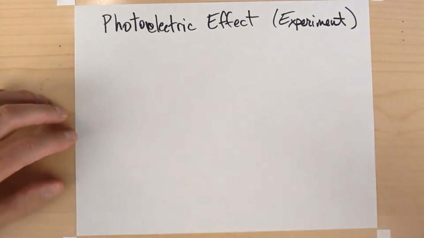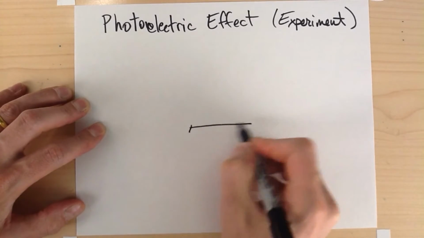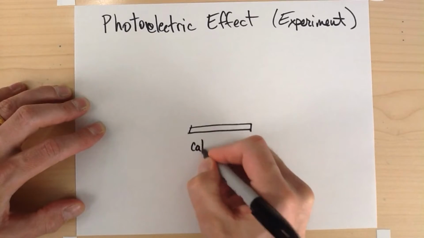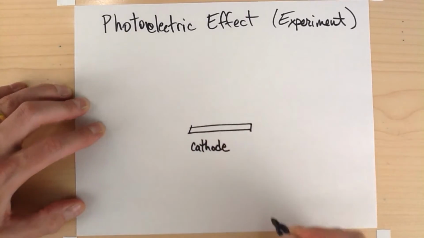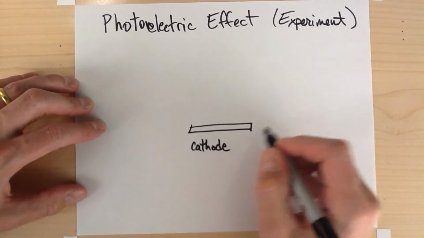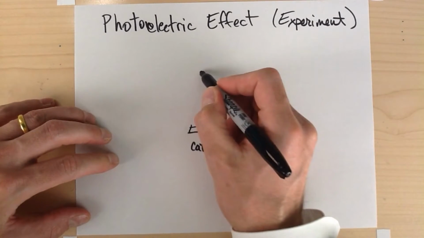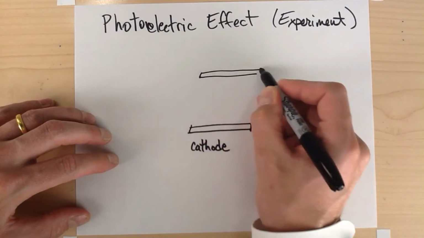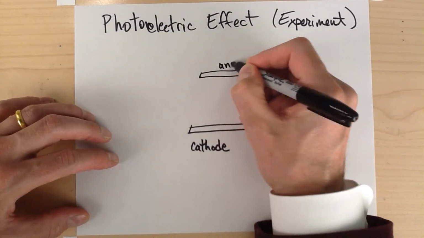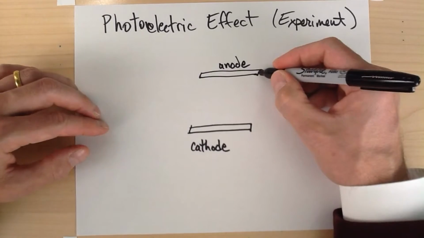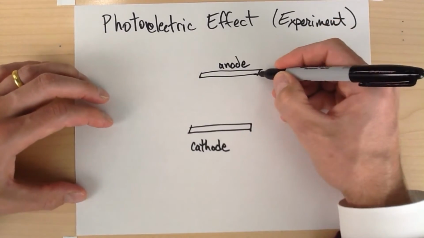We begin with a cathode, which is really just a piece of metal that is going to be where the electrons in our experiment come from. Then we have an anode, which is just a piece of metal that is going to receive the electrons.